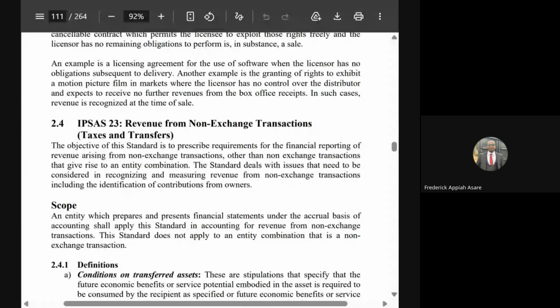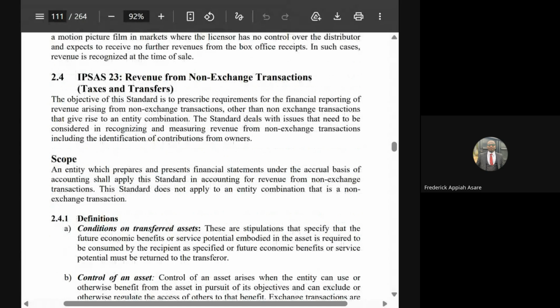Now let's look at the IPSAS 23, which is on revenue from non-exchange transactions. So sometimes also they can get revenue without necessarily buying or selling or rendering services to someone.